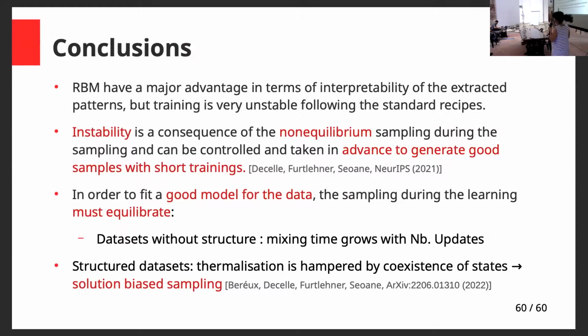As I said, RBMs bring a possibility for pattern extraction, which is quite treatable. The problem is that they are hard to train. We now think that we know how to train them well. If you want to generate samples, you have to exploit the memory effects. If your task is obtaining good models, you have to do equilibrium, and we propose a way to do it.